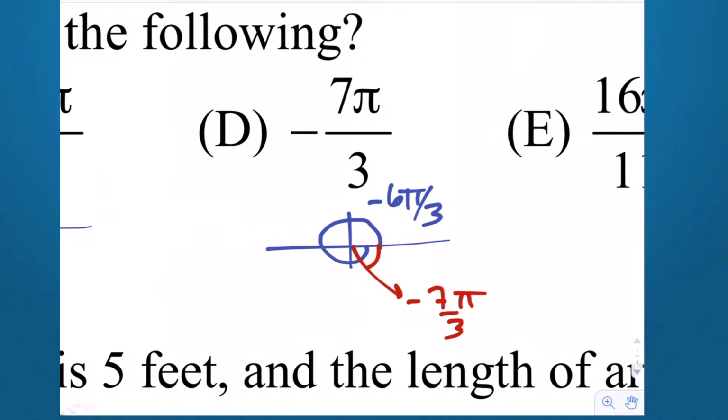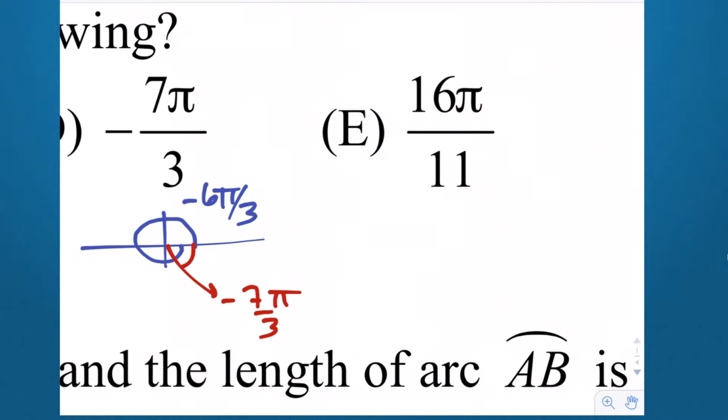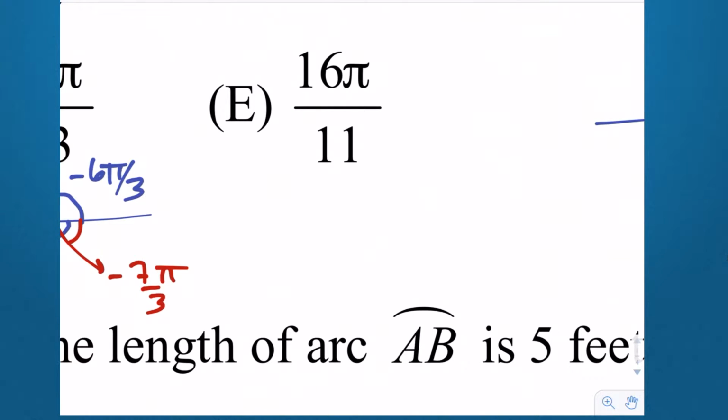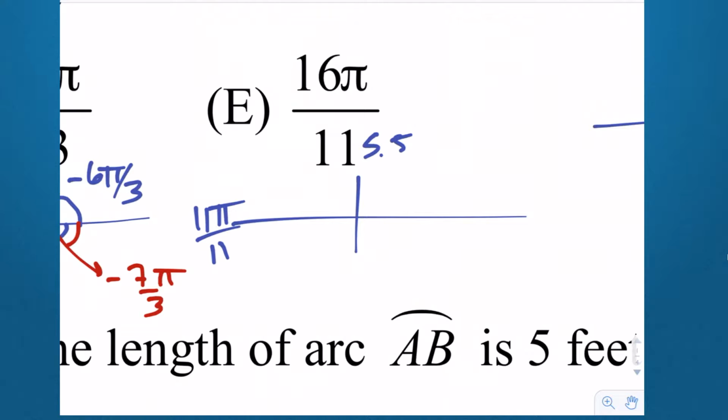Now that is the answer, but remember, maybe if there's still one more, maybe there's a better answer, maybe there's 2 correct answers, maybe Mr. Corpy messed up on the test, or maybe we did something wrong already. So 16 pi 11ths, if you want to check out where that guy lives, this one requires maybe a little bit more thought. There's 11 pi 11ths over there, pi. Half of 11 is what? 5.5, so that's 5.5 pi 11ths.